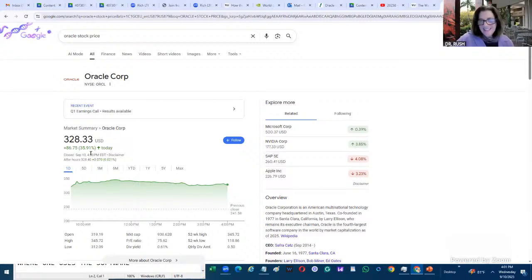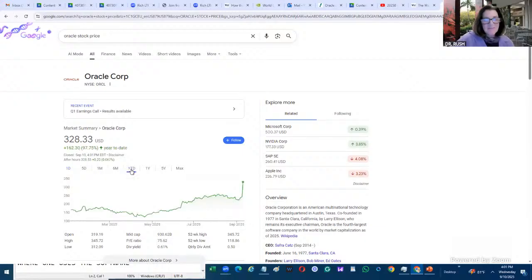Big growth, yeah. That's a lot of growth for a day. For one day, it's a lot of growth. Year to date, they've gone up 97%. One year, 110%, right? And then if we think about it, right?